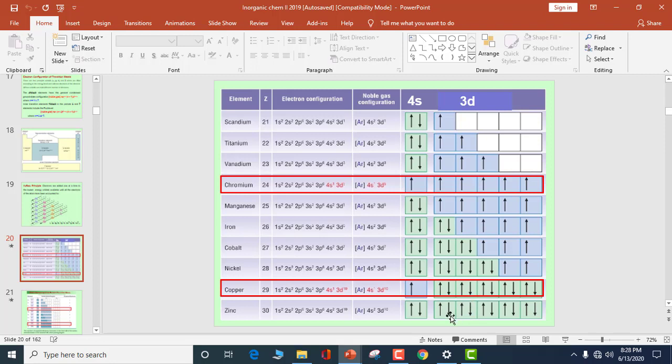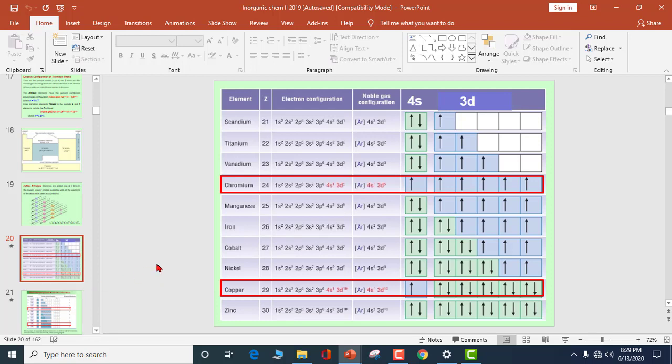Whether in an oxidation state, if they lose electrons, they have the d orbital in the process of completion, then they may show the property of transition elements.